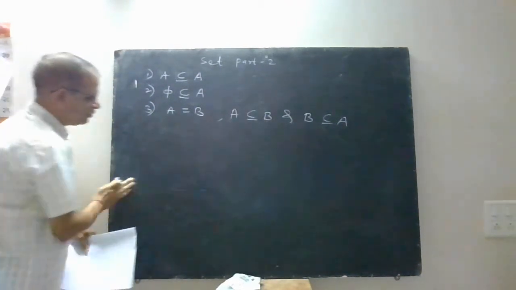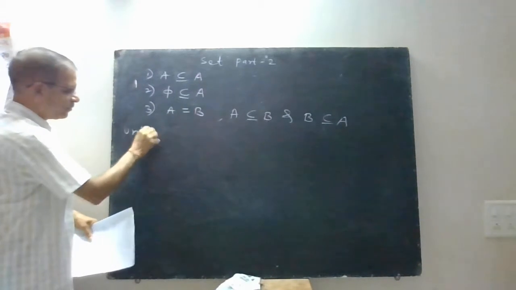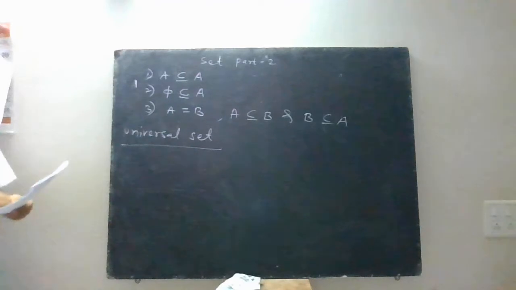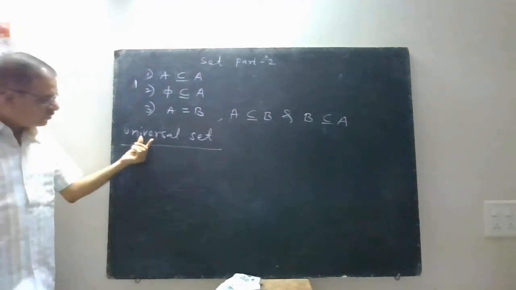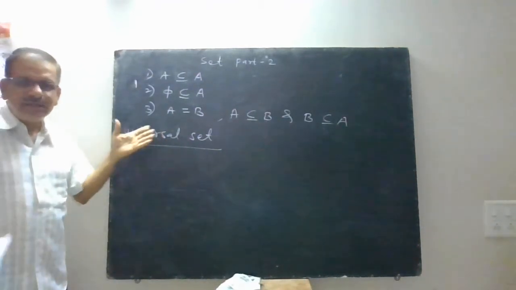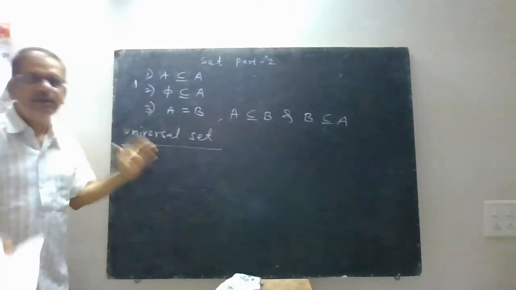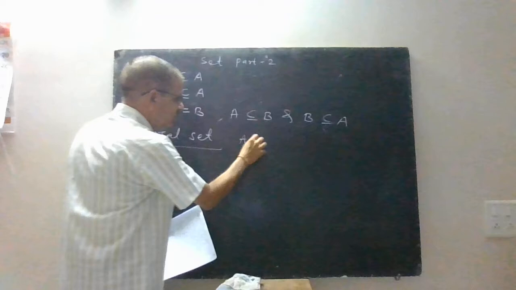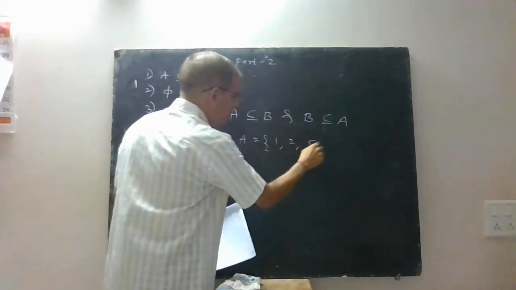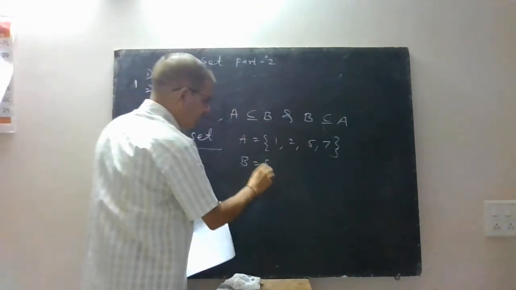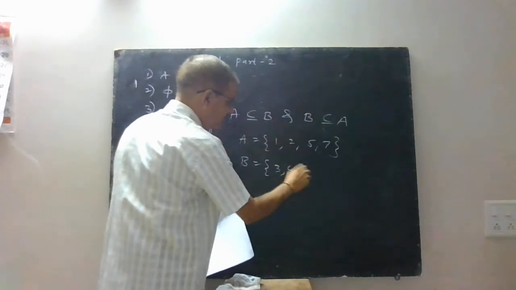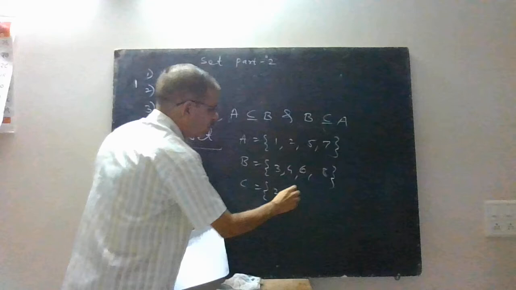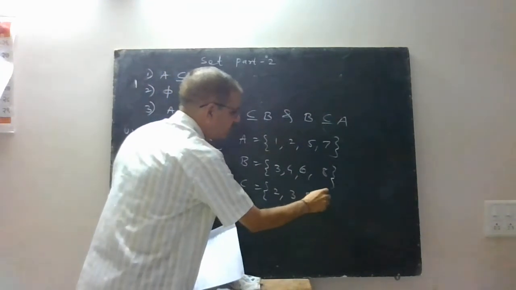Next concept that you want to see, that is the universal set. Now the word universal means they want to show or denote a bigger thing. So suppose you have three sets: A is 1, 2, 5, 7, B is 3, 4, 6, 8, C is 2, 3, 5, 9.